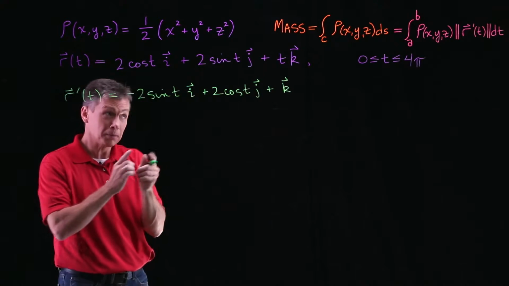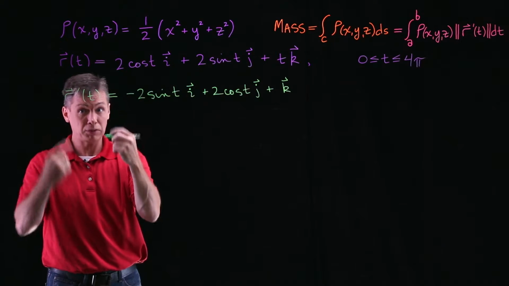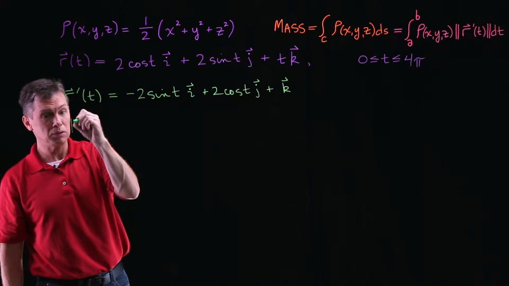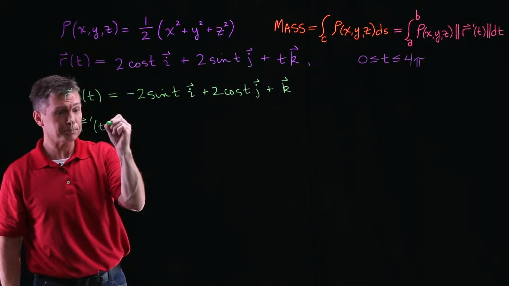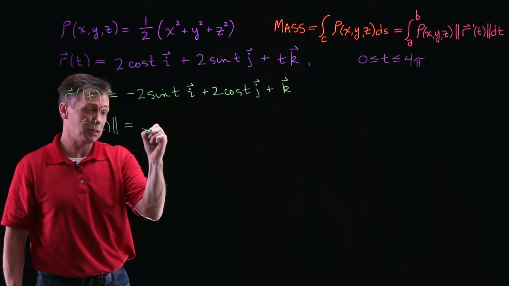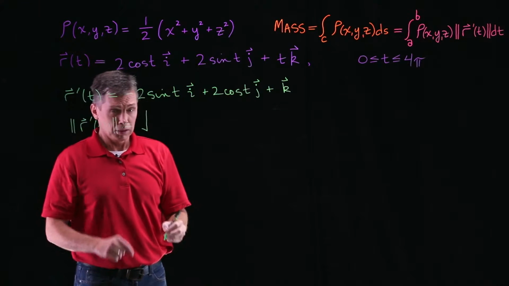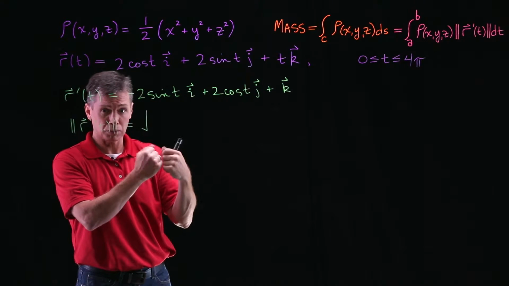Why did we do that though? In the formula, I need the magnitude of this. So my next step is to find the magnitude of this r prime vector. Hopefully you remember that magnitude is equal to the square root of the sum of the individual components squared.